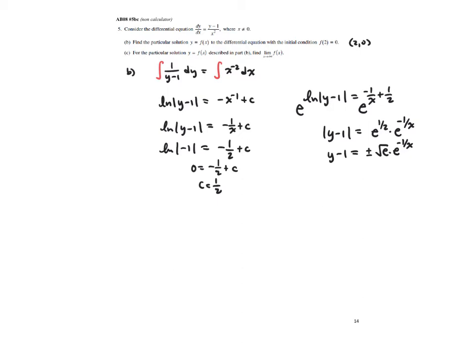Now, the problem with simply leaving this as plus or minus the square root of e times e to the negative 1 over x, or I could write it as the square root of e over e to the positive 1 over x plus 1, is that it is not a function. Our particular solutions need to be functions. Why is it not a function? Because we would yield two outputs.